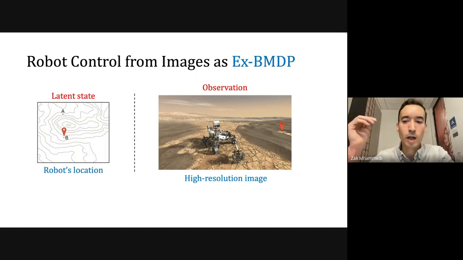For example, imagine you're trying to control a robot, moving it from some point A to B, and all you have are images taken from some stationary camera. In this case, you can model the latent space simply as a 2D map showing the robot's location and the destination. But the problem is that you don't necessarily have access to that latent state. The only input is the high-dimensional observations.